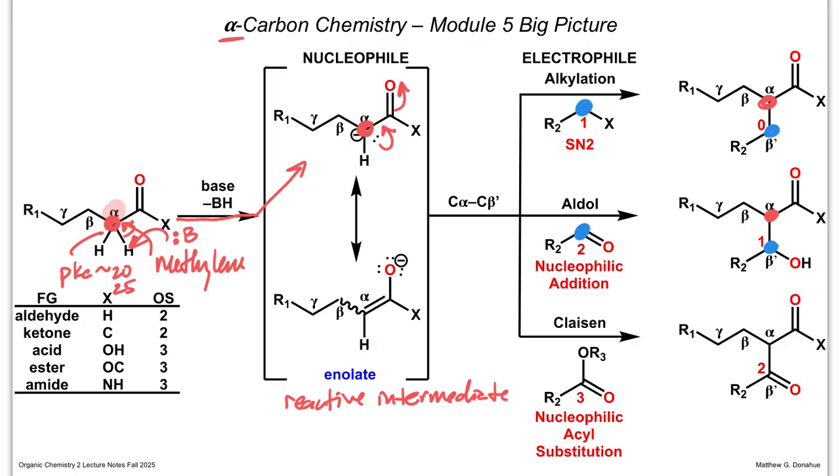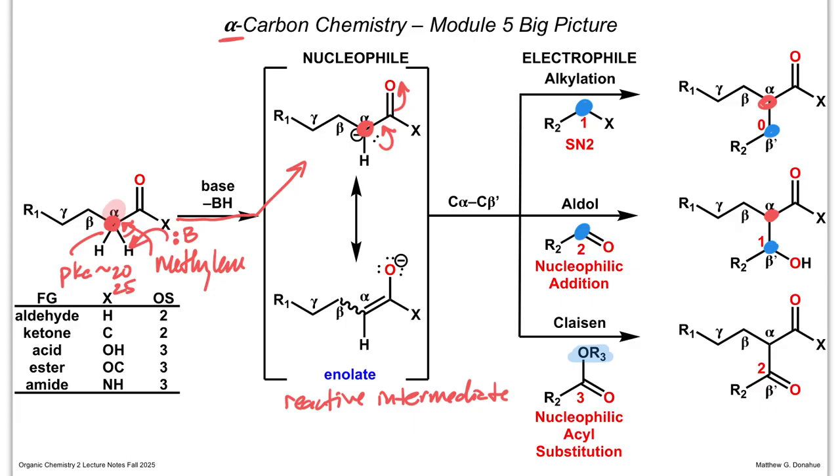The last electrophile is oxidation state 3. So those are the functional groups we just talked about. And so this does a nucleophilic acyl substitution. So let me highlight, see this group in blue? That group gets substituted for everything else that was in the enolate.